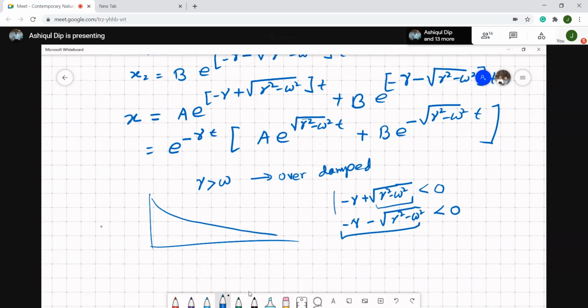So the effective behavior would be e to the power negative this thing. That's what I have drawn. The long-term behavior would be this: that term would effectively die out, and this term would be dominant. So this is what we call overdamped.